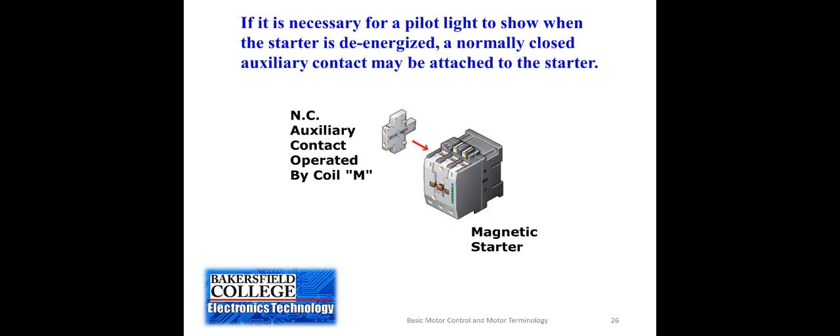Just about every contactor has that capability, but some don't. So if you're trying to add to the control circuit, you either need to buy an additional contact block that snaps onto the starter relay or starter contactor, or you have to replace it with one that has the auxiliary contacts already built into it in the quantity that you're going to need for that circuit.